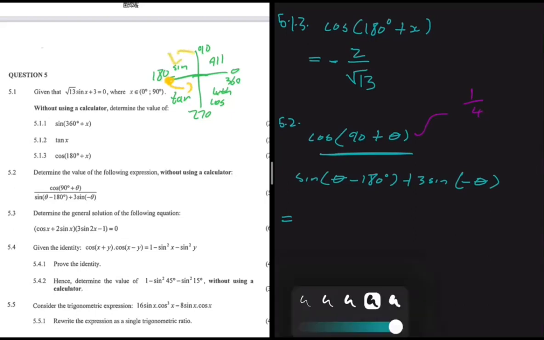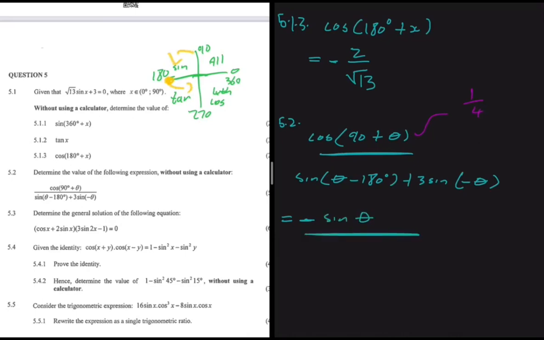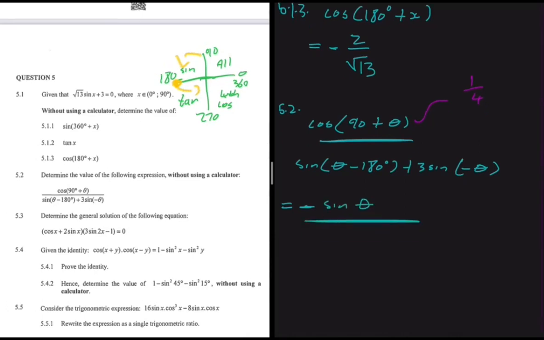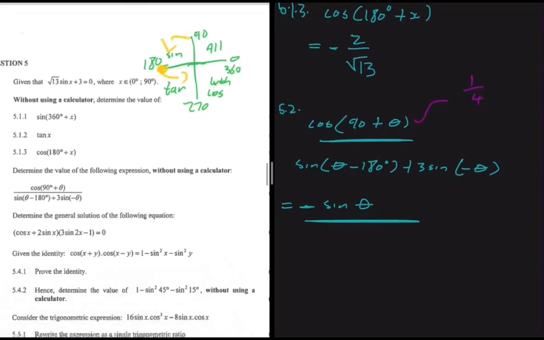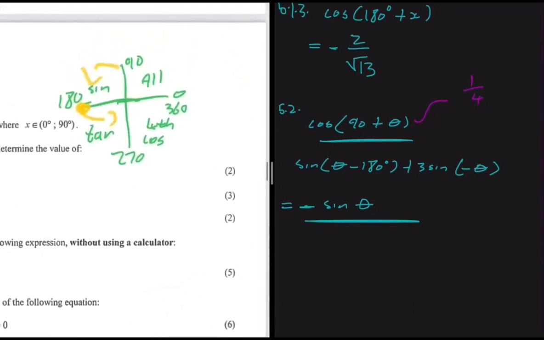Cos is negative because cos is only positive in the first and the fourth. So here we're going to have minus, but cos is going to change into sine. So we have minus sine of theta, and then divided by sine of (theta minus 180 degrees). So sine of theta, we are here in the first quadrant.